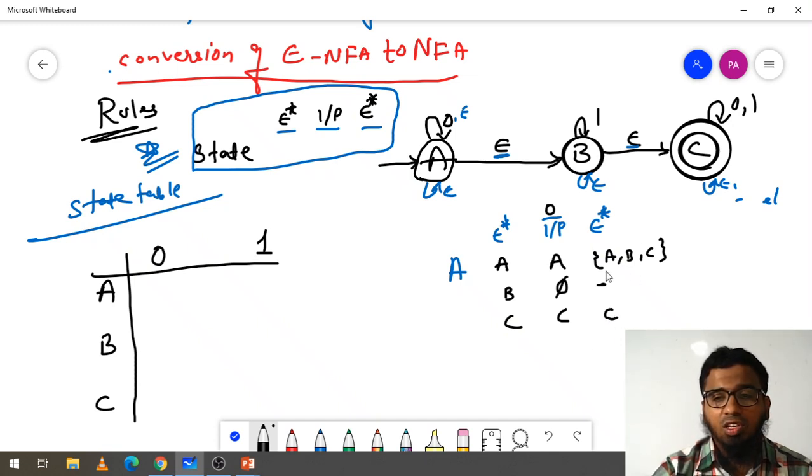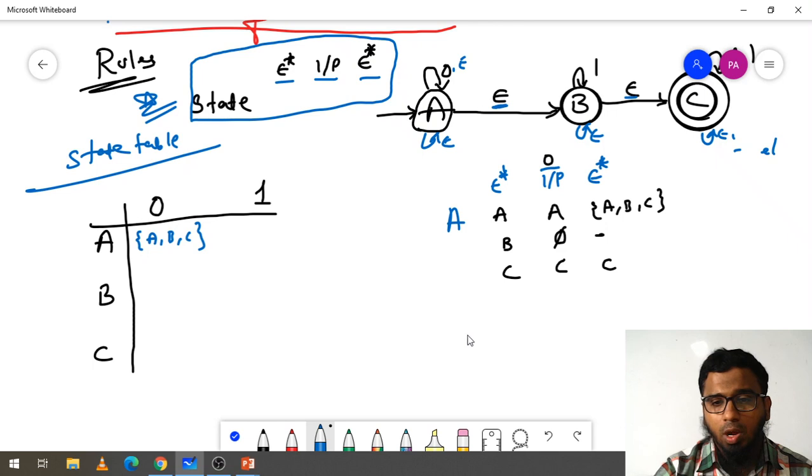So we got A comma B comma C and C. So here A on 0 is going to A comma B comma C.